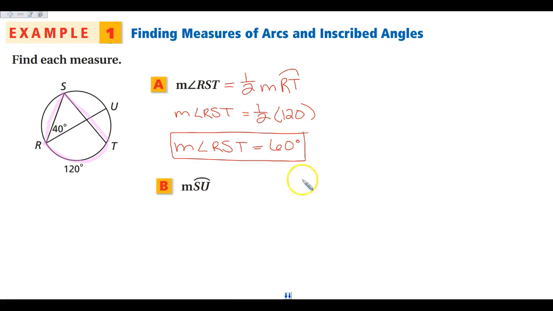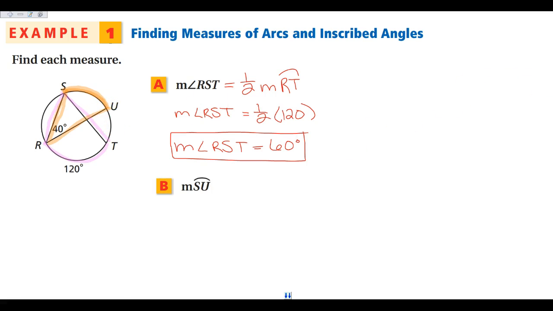Okay, now for the next one, I want to find the measure of arc SU, which is right here. Now this arc is going to subtend this angle right here. That's the angle that has the endpoints that are the ends of the arc.